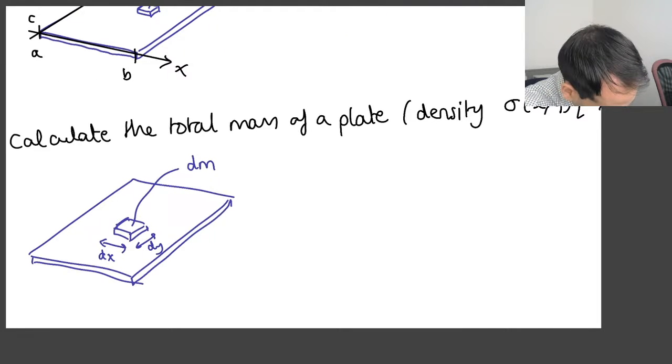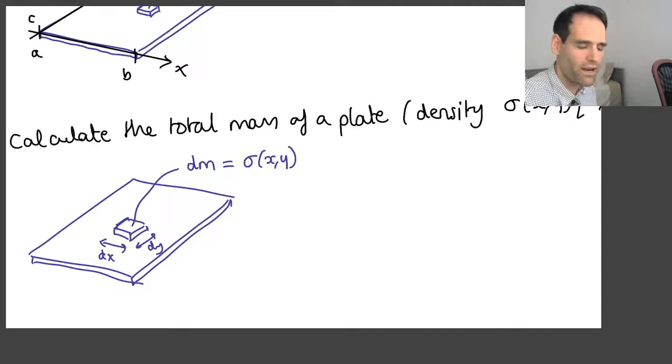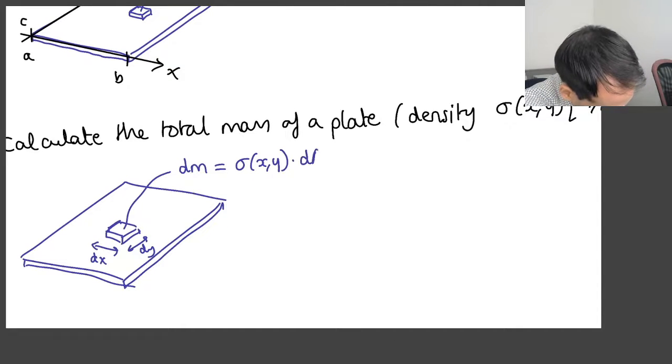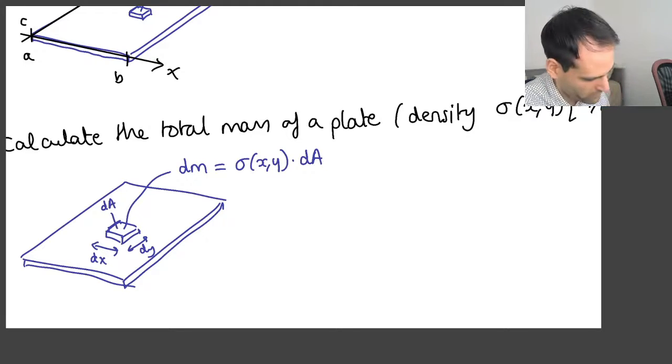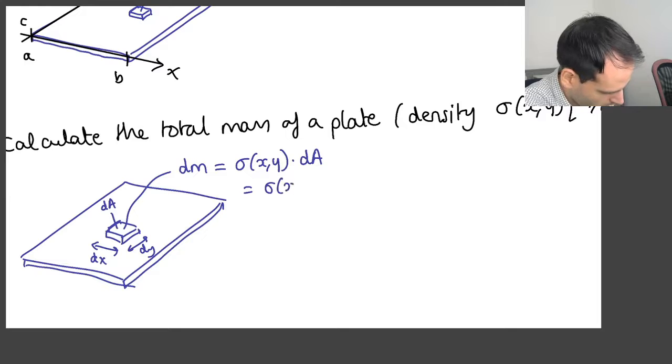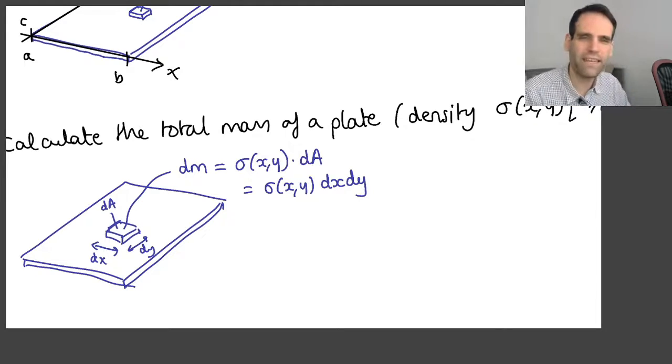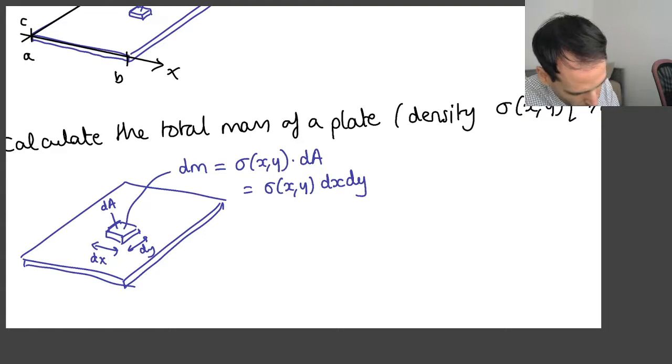The mass of this tiny bit is going to be the density, which is measured in kilogram per meter squared, multiplied by dA, this cross-sectional area, which is equal to the density multiplied by dx times dy, because dA is equal to dx times dy, okay?